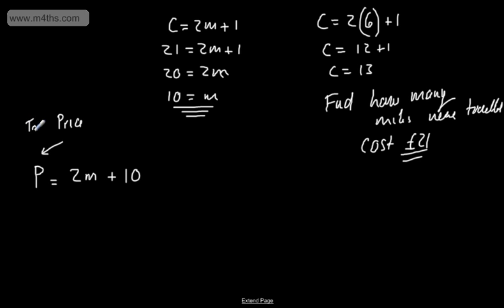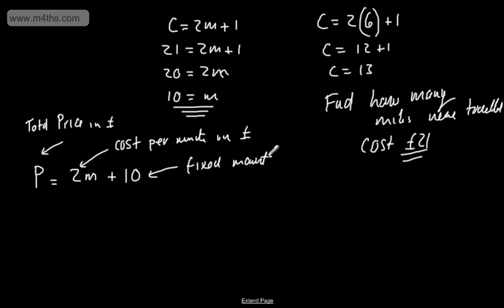So let's write this in. Total price in pounds. This is going to be the cost per minute in pounds. This is going to be the fixed monthly charge in pounds.